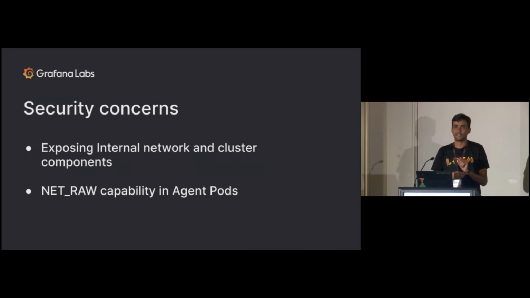If somebody can exploit it and craft a raw packet, and if they can reach our control plane and internal services, then it becomes a big deal really quickly. So we wanted to secure off our internal network and cluster components from these pods.